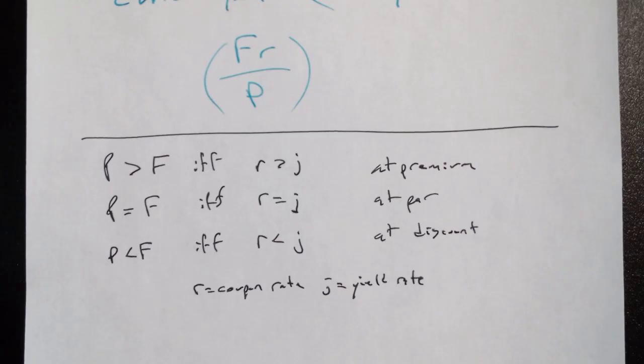If our price is bigger than the face value, I'm buying the bond at a premium, then I can think of the premium amount as a loan to the seller to be repaid by the coupon payments as we go through time. So that's the amount of the coupon over the yield.